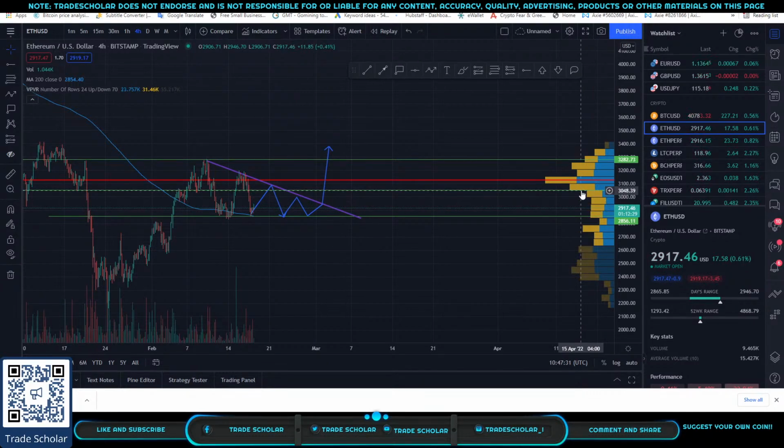Hard to break is this one, so indeed we can have a hard time breaking the 3,050 again. We might again get rejection easily here. And we found support in this 2,856. If we break this area right here, then we can fall back to 2,789. That's the worst for our Ethereum.